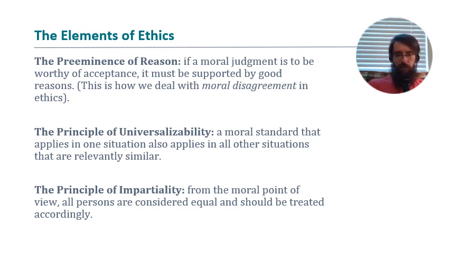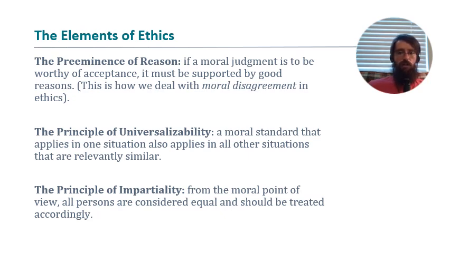The second element of ethics is called the principle of universalizability. And all this means is that if a moral standard or a moral rule or principle applies in one situation, then it also applies in all other situations that are relevantly similar. Right? So take a moral rule like don't steal.